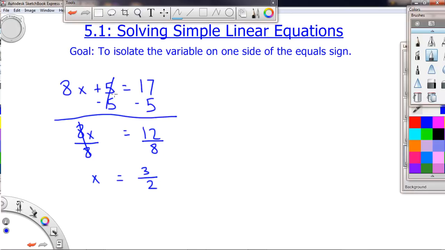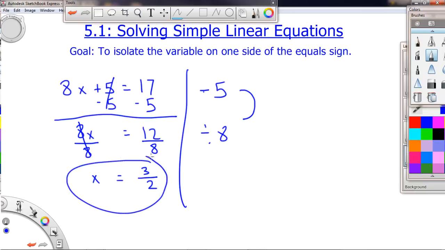Now, every step I'm taking is canceling something out. The first step is subtracting 5, canceling out this 5. The next step, cancel out the 8. So we're taking these steps, subtract 5 here, divide by 8 here, and each step gets us closer to having the x by itself on one side.